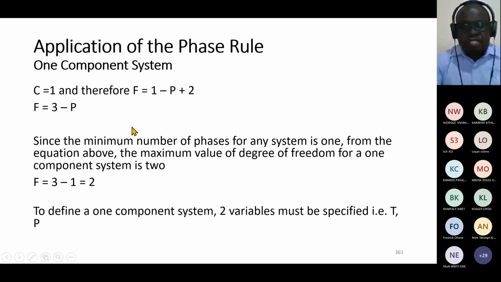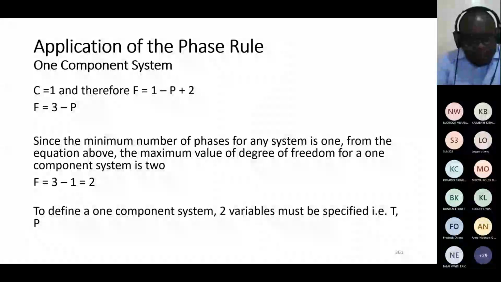So from the above equation, the maximum value of degree of freedom for a one component system is 2, because the degree of freedom here is going to be F equals 3 minus 1. So 2 is the maximum value of degree of freedom for a one component system.